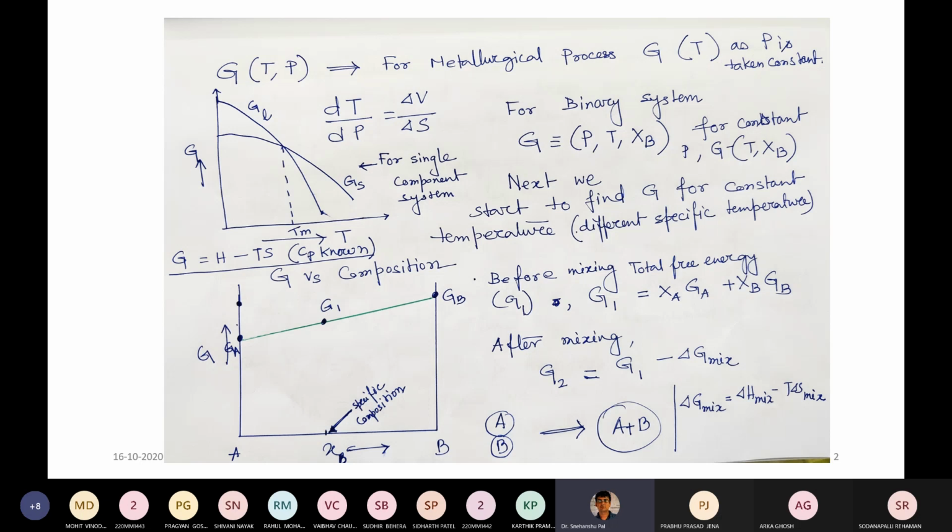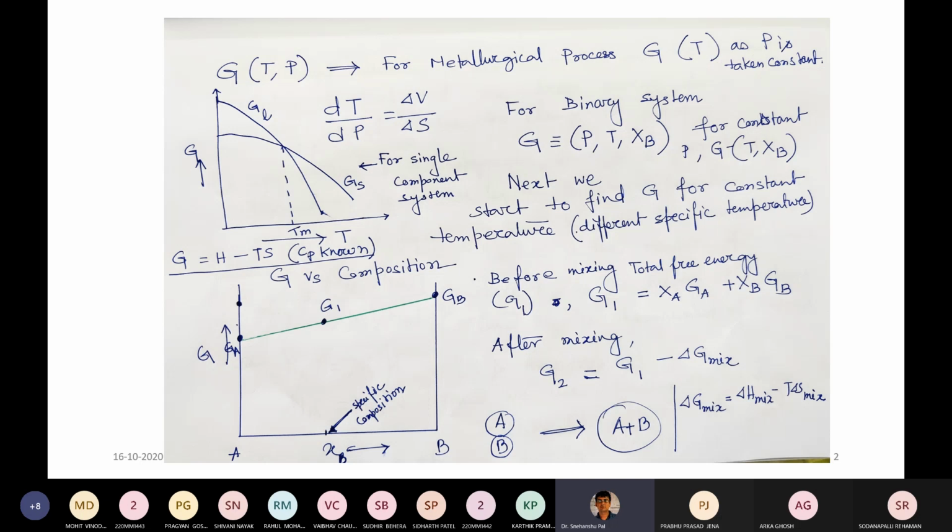And another important thing: if this is not the case, then in the figure at the left hand corner, Gibbs free energy versus temperature, the melting point will change as pressure changes.